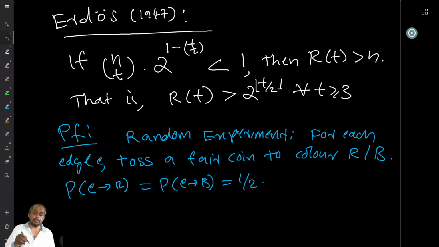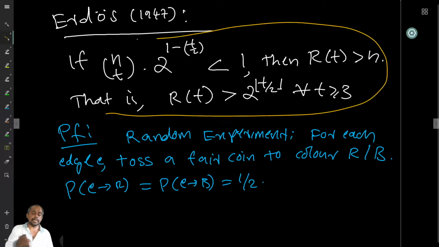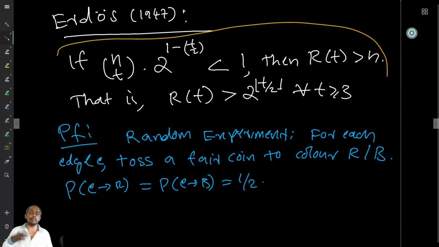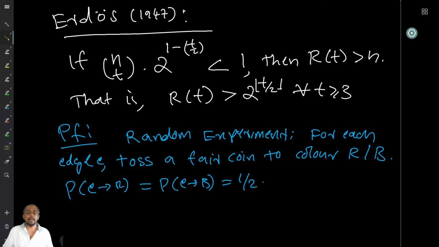And this can be reduced to say that R of t is greater than 2 raised to floor of t by 2, right? So it grows exponentially with respect to t by 2. If t is growing large, then R of t grows exponentially large. So this is the claim that Erdos made, that the Ramsey number grows exponentially large.